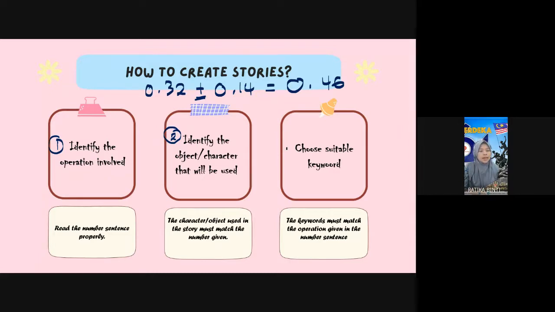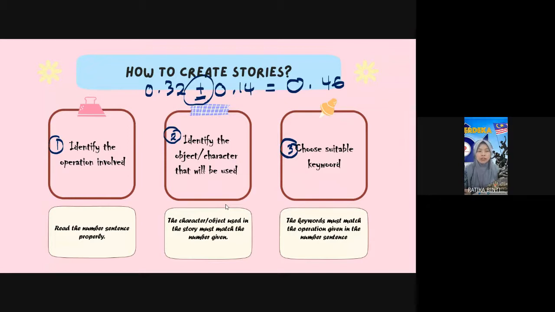Okay, then step number 3 is you need to choose suitable keywords. How to choose suitable keyword is based on the operation given. If the operation is addition, then you need to choose keyword based on addition. Total, how many, for example, ataupun more than. Okay.